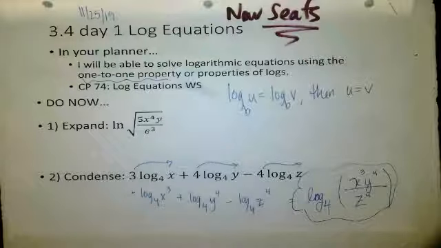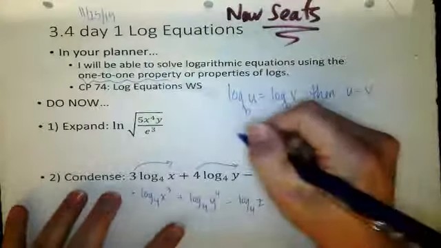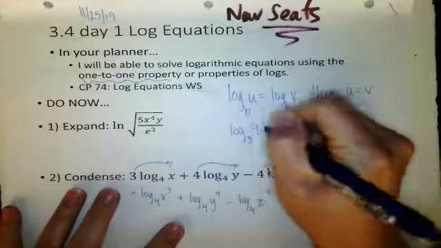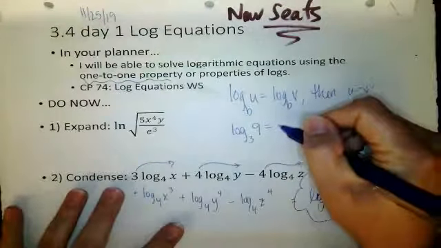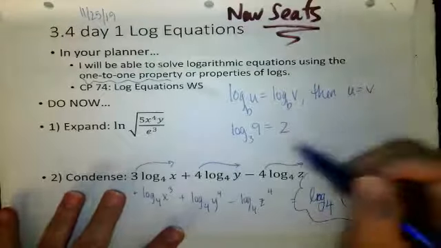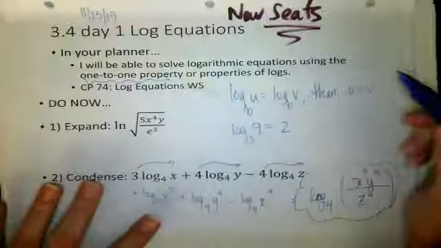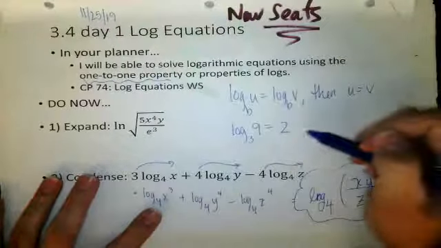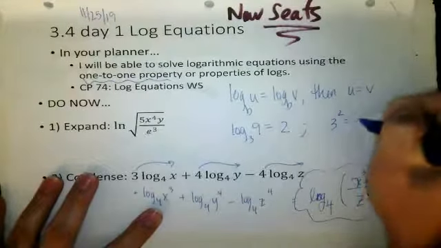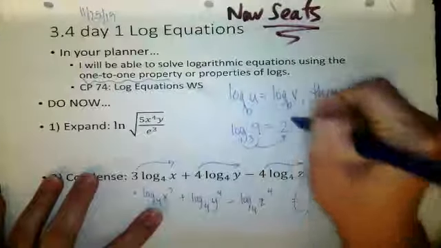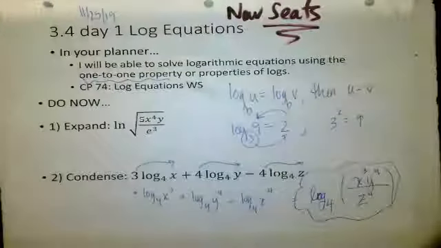That's the one-to-one property. The other property we know is if we have, like, log base 3 of 9 equals 2. So if you have a single log, how do you drop a log? You give it a swirly. So you give it a swirly, and that's the other property we already know.